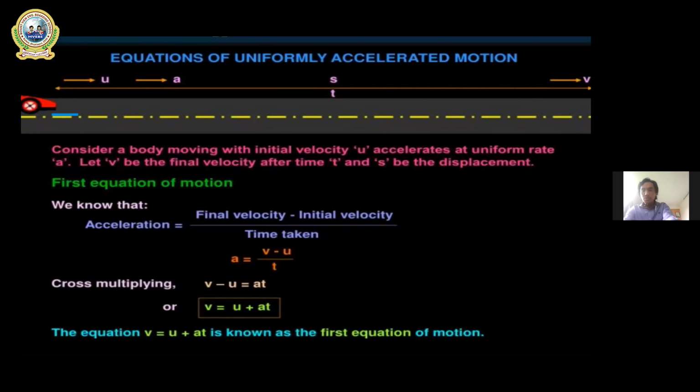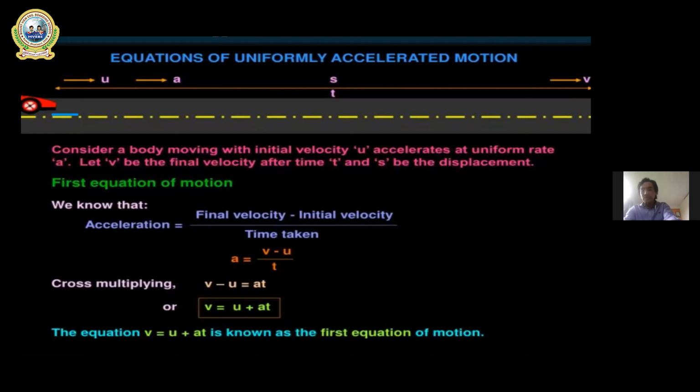When you are asked to prove this equation, we have to start with the language: consider a body moving with initial velocity u, accelerating at uniform rate a, and let small v be the final velocity.